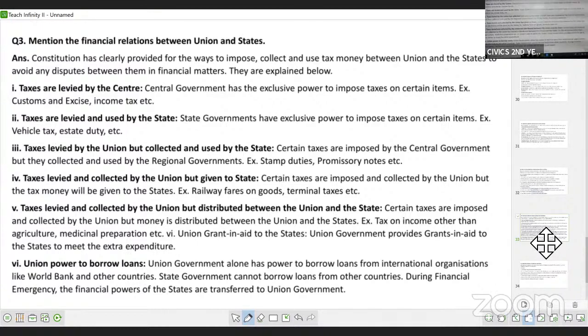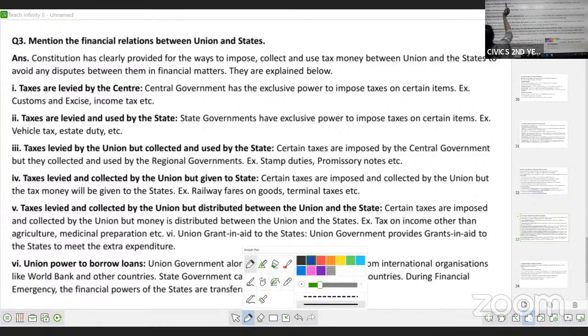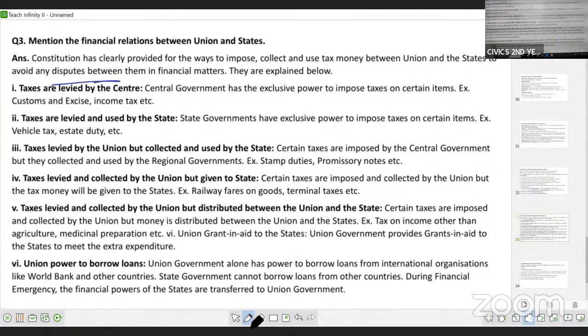So the Constitution has clearly provided how the tax money should be used: which government will collect which tax and how it is going to use it, to avoid dispute between the center and the state in financial matters.